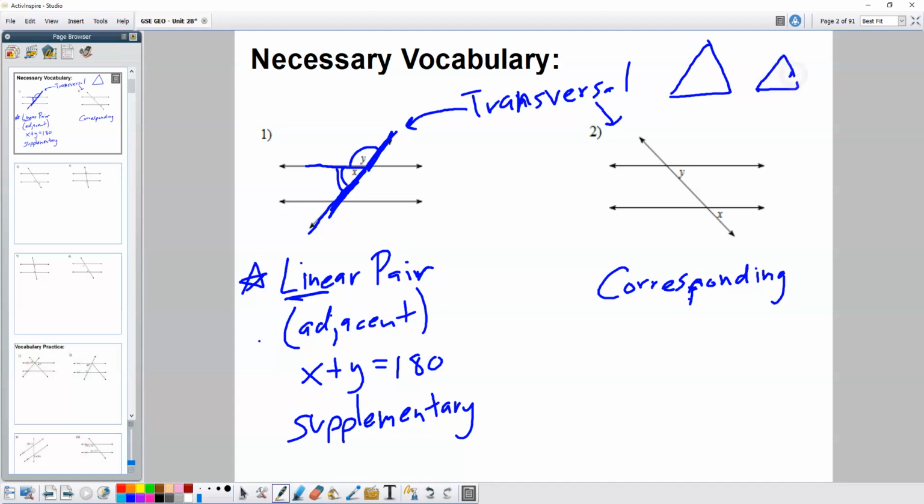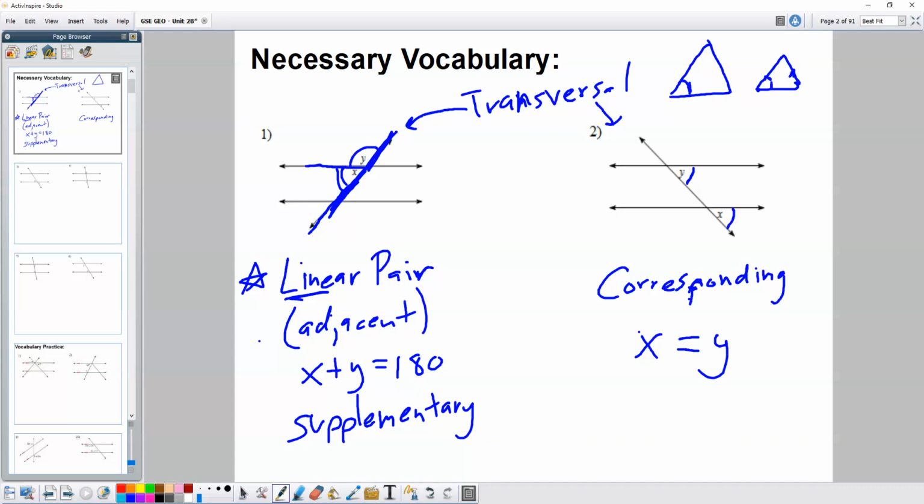So if these triangles are similar, this one corresponds with this one right here. It's in the same spot. So when I look at these parallel lines, this angle is in the same spot as that angle, corresponding. That's the way my mind works with it. Corresponding angles, these angles are equal. So x equals y.